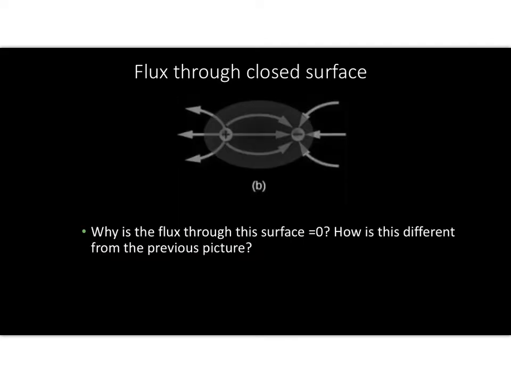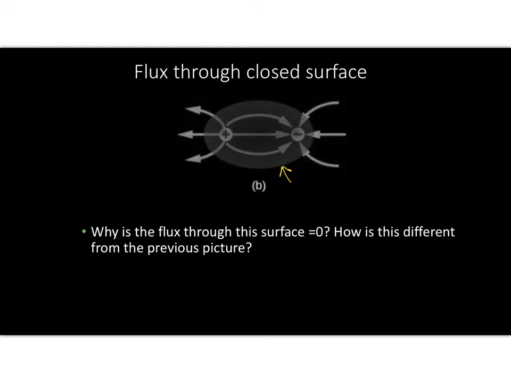Here's another scenario where the electric flux is zero, but it's a different situation. Notice in this case, the charges are inside the surface. Here's my surface, that shaded area. I have a positive charge and a negative charge inside of there. Positive charges create electric fields that go away from them. Negative charges create electric fields that go towards them.